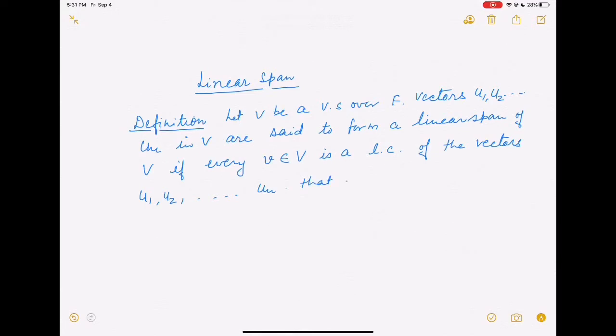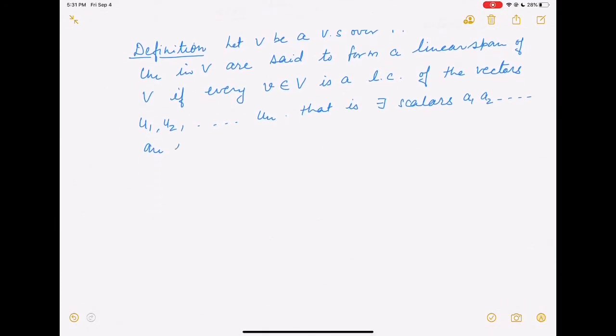That is, there exist scalars a1, a2, ..., an in field F such that v is a1 u1 plus a2 u2 plus ... plus an un.